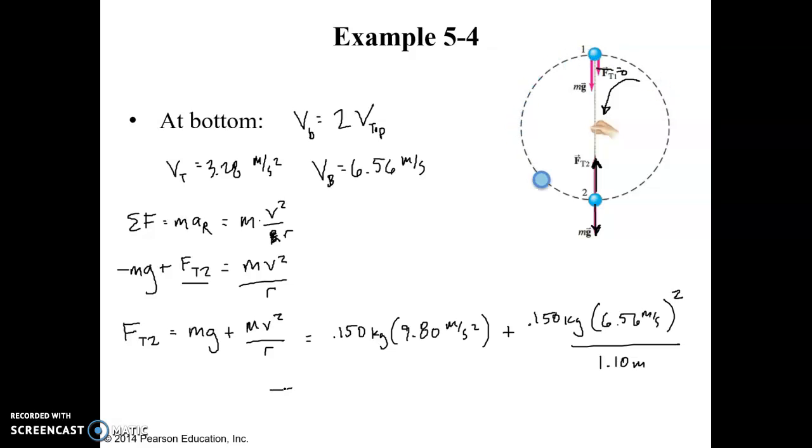So if we solve that, we get Ft2, not Tt2, Ft2 is equal to 7.35 newtons, which is the force in the string at the bottom of this path.